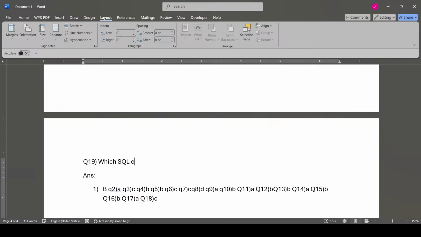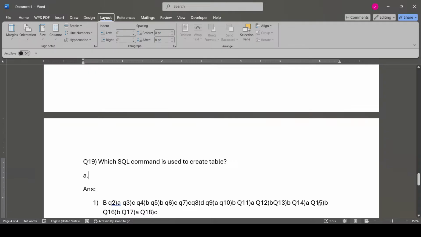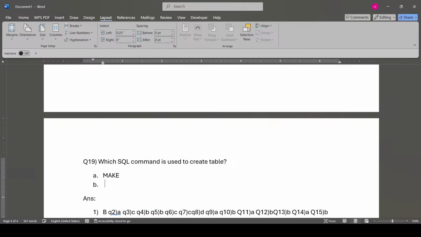Question 19 says that which SQL command is used to create a table? So options are here. First is make. Next is create. Next is build. Next is form.